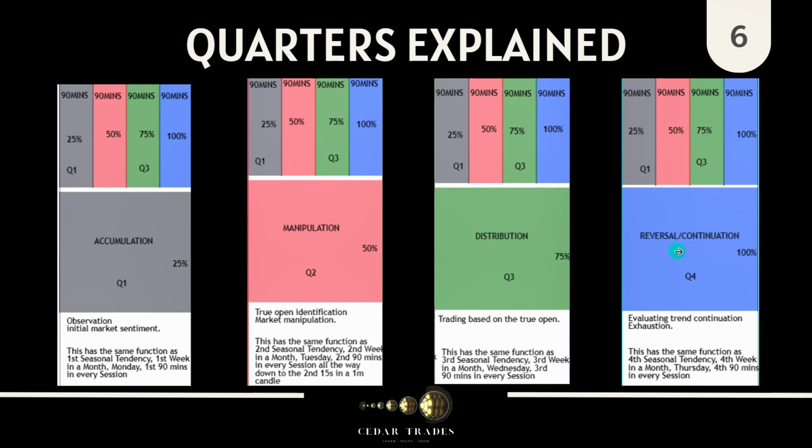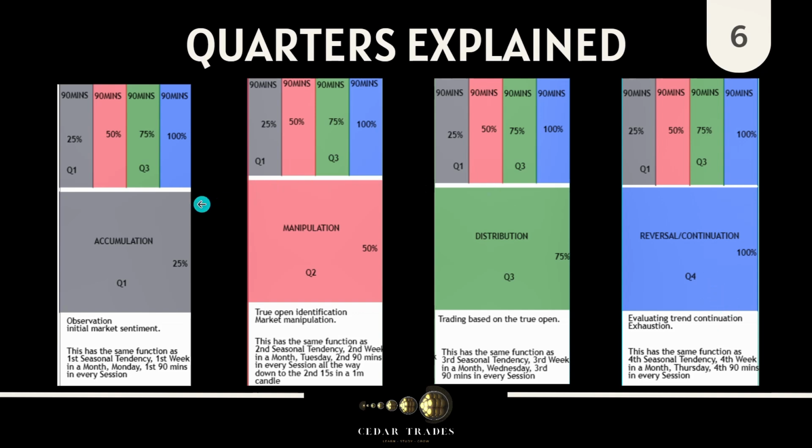Your fourth session is used to evaluate trend continuation or exhaustion. So this has the same function as the fourth seasonal tendency, fourth week in a month, Thursday, your fourth 90 minutes in every session as well.